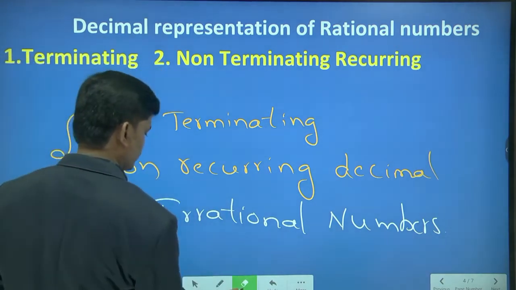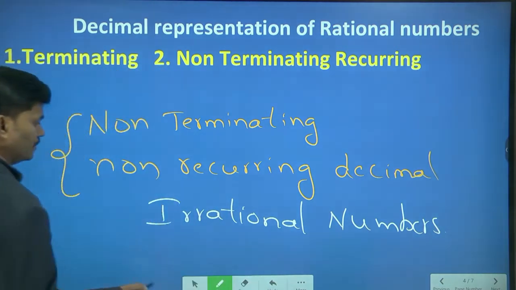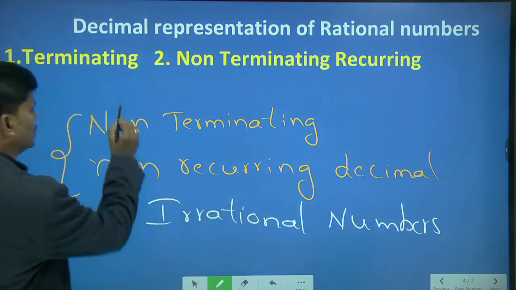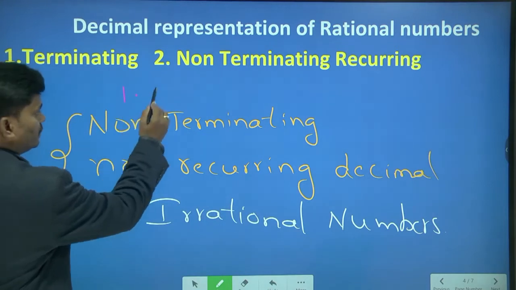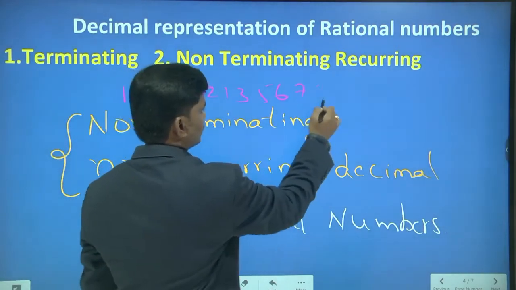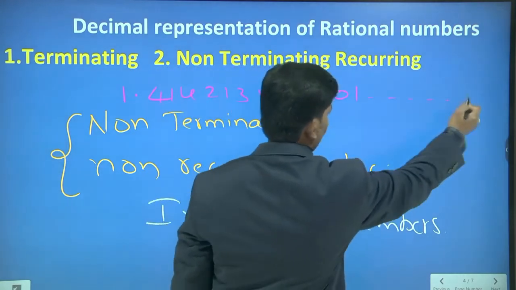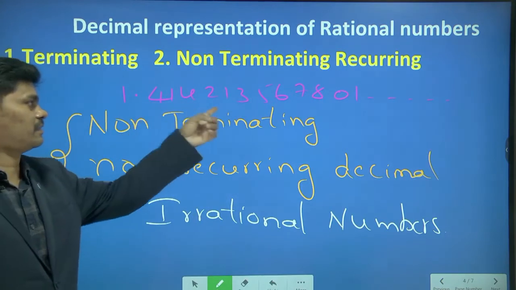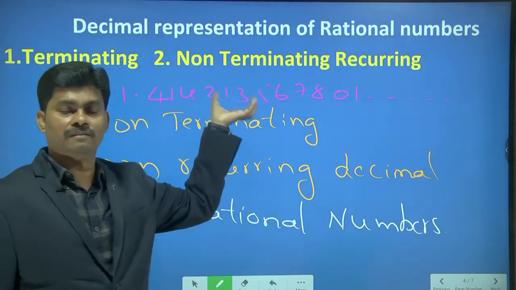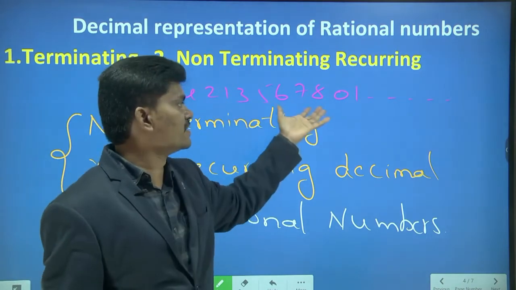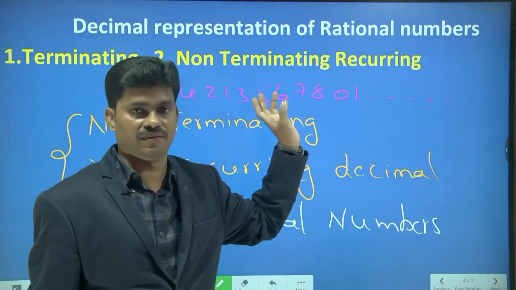Let me write an example here. I give an example. 1.41421356780 and so on. See this example. So 1.414, no particular period is repeating here. 414213567801005 and so on like that.